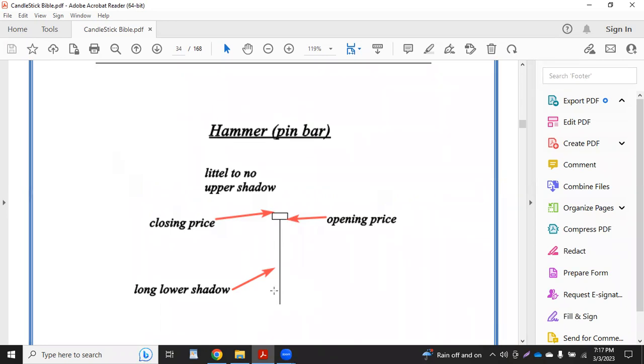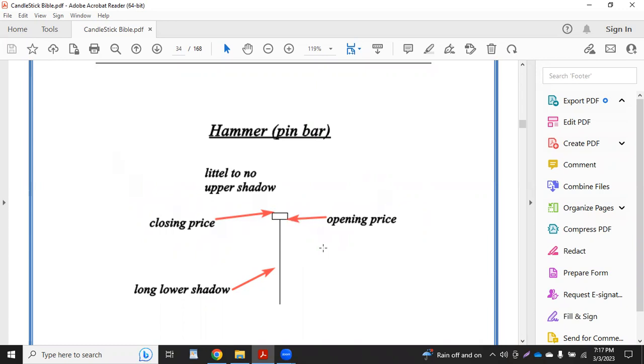All right, so look at this candle, okay? Explaining this candle will help you understand the other candlestick patterns we're going to look at in this class. You see the wick is very long. Now, what this is telling you is that when price opened at this top, you see where it says the opening price? That's where the candle opened.